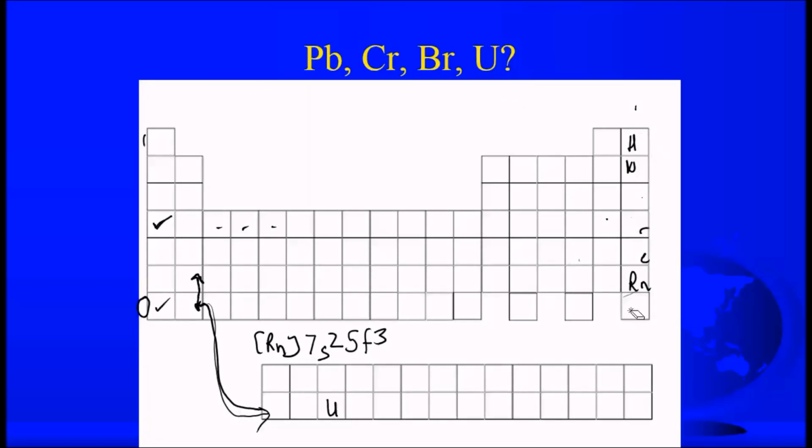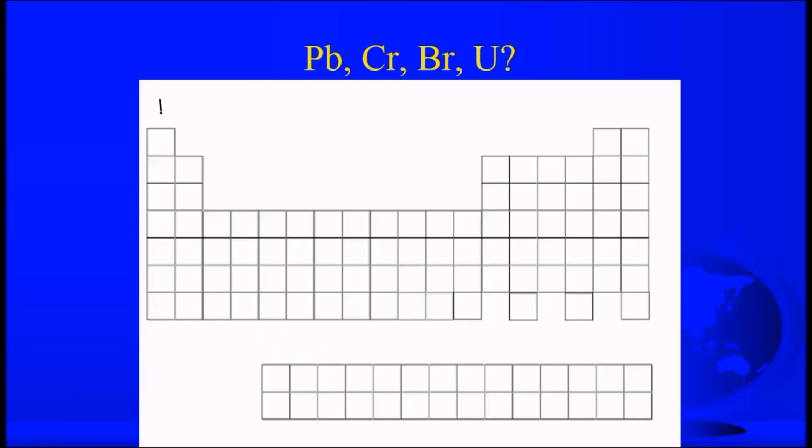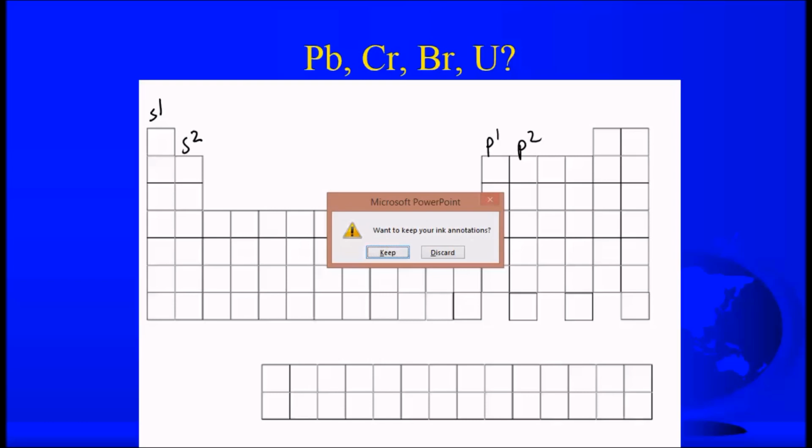So where are they on this periodic table? And that's how you solve these questions. So this is S1, S2. We don't care about the D's. P1, P2, and we'll finish here tomorrow.